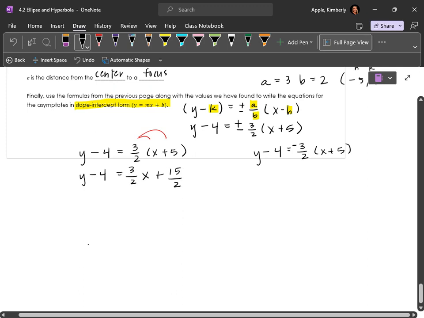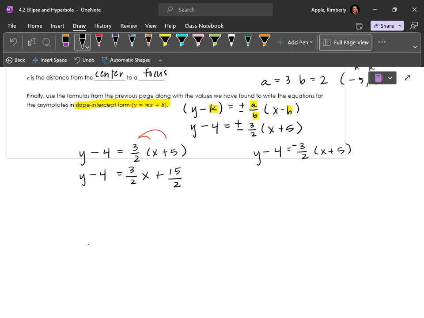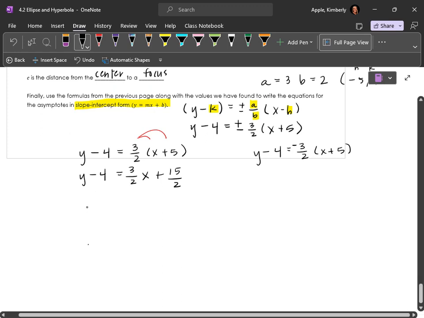Now what's the last step I need to perform to isolate y? Add 4. So that's going to be 3 over 2 x plus 23 over 2. Am I in y equals mx plus b? Yep. Let's do it again over here.